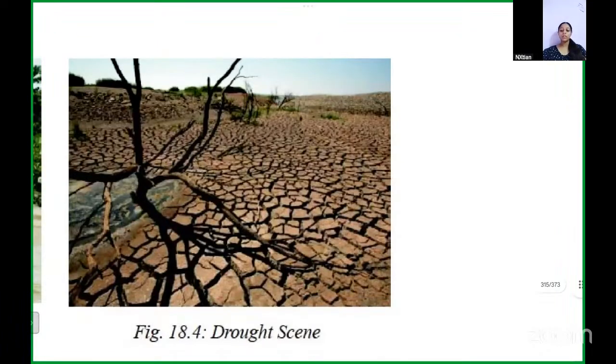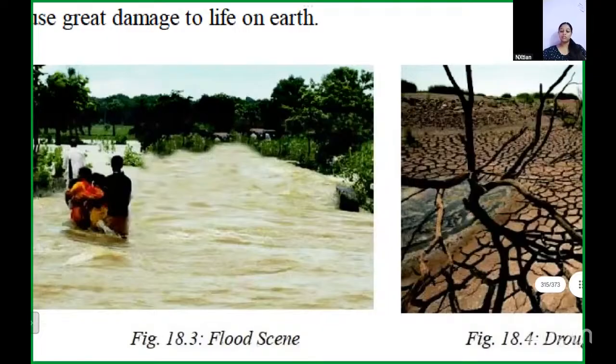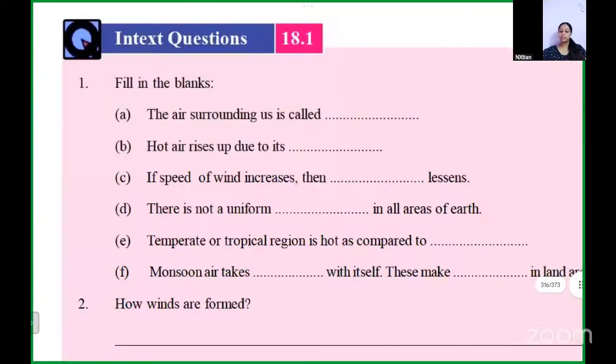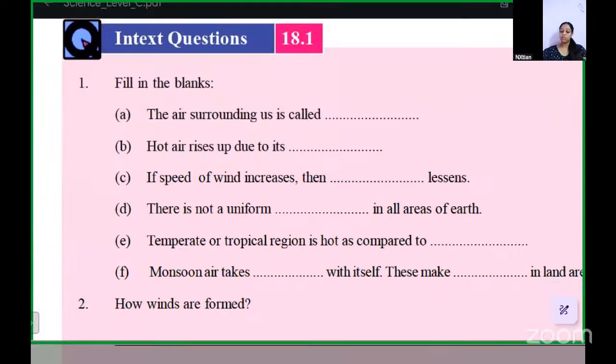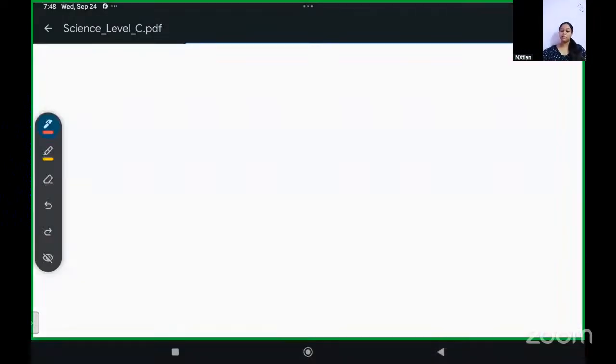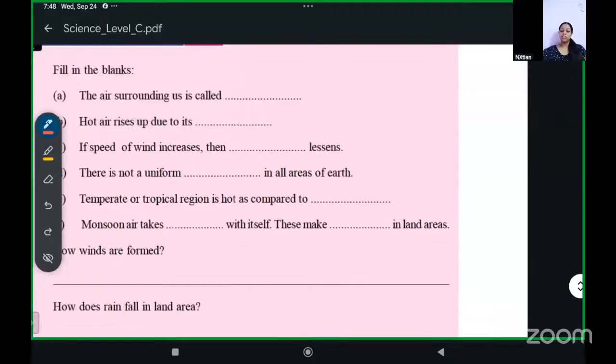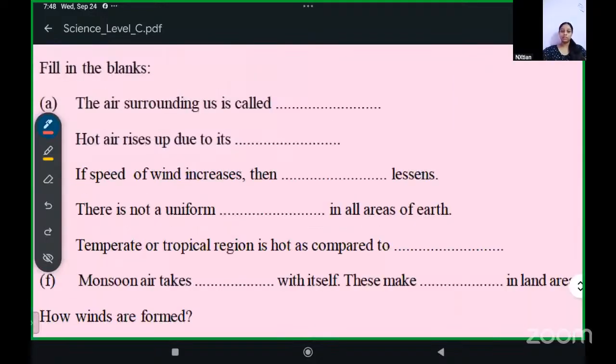Okay, now let's check out the in-text questions 18.1. You can unmute and tell me the answers. The air surrounding us is called dash.